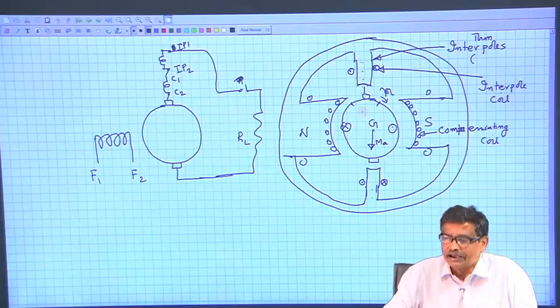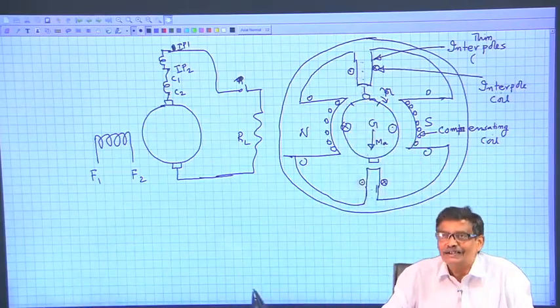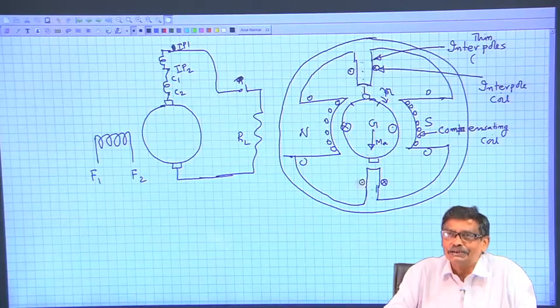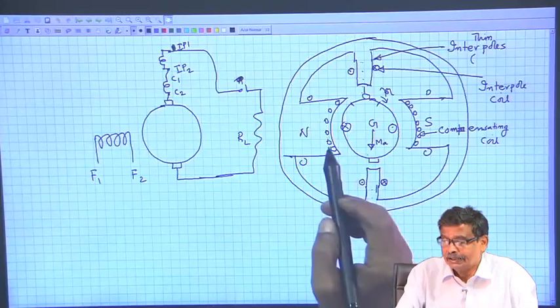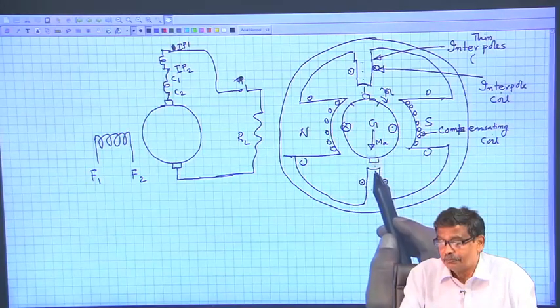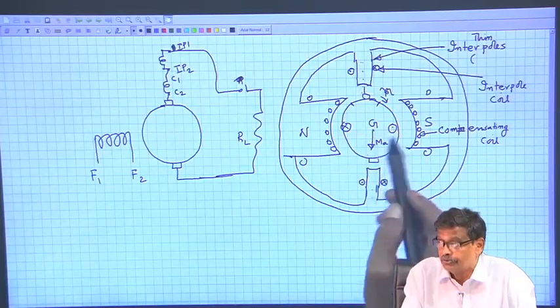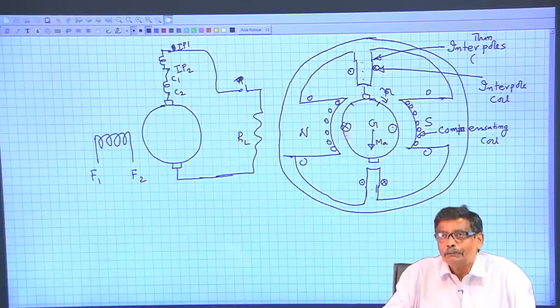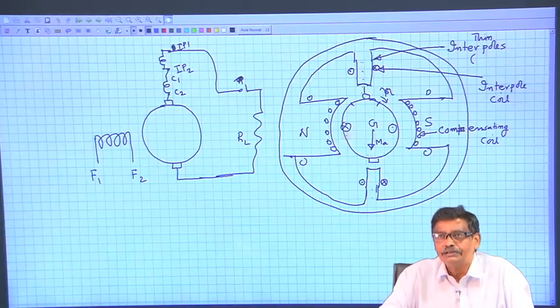Under no load condition, IA is 0, this fellow is not there, no poles. One should not be under the impression that at no load condition there will be induced voltage across the brushes, correct, but because of this field also there should be induced voltage, but that field is not there, IA is 0.